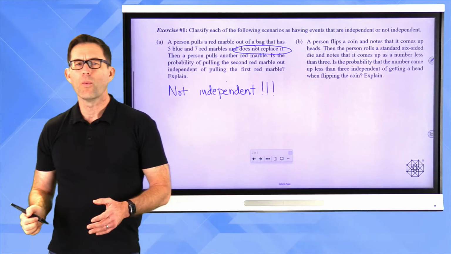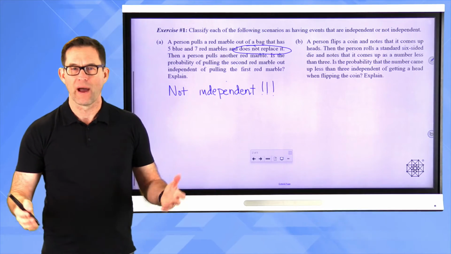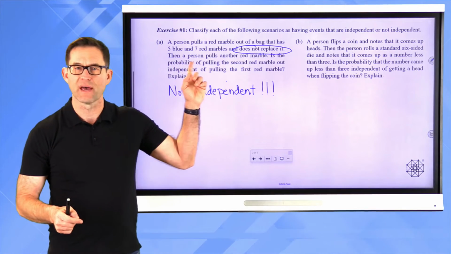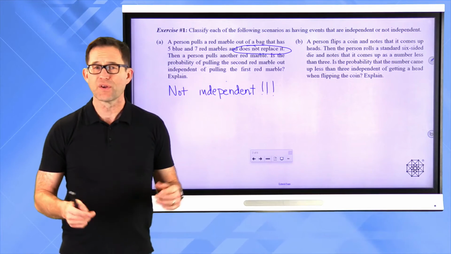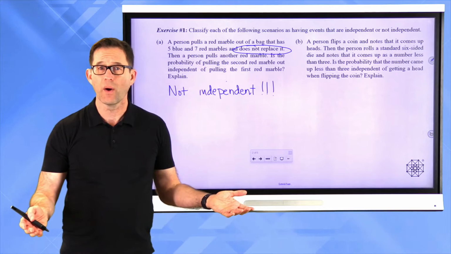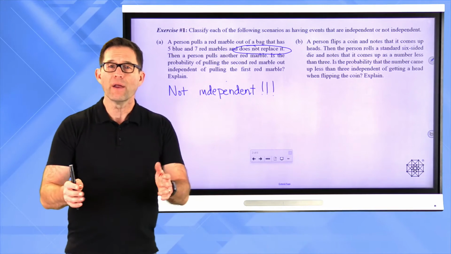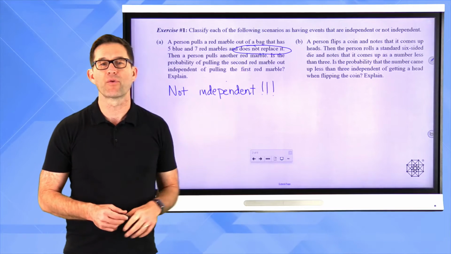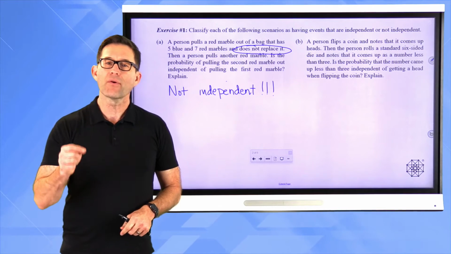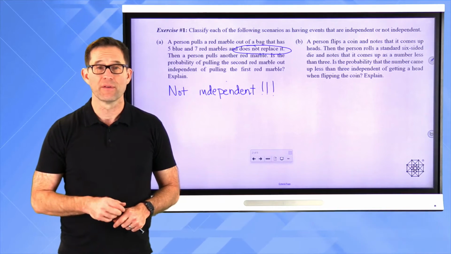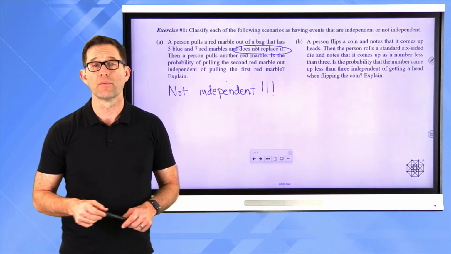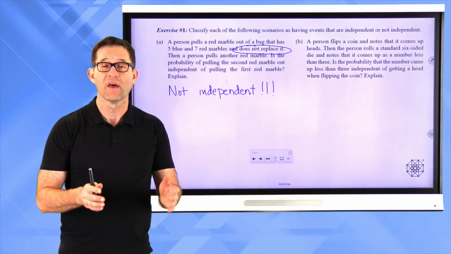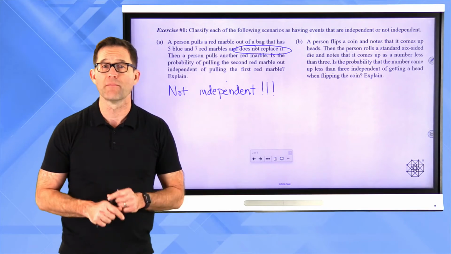When I pull that first red marble out, the probability of pulling it out is, well, there are 7 red marbles out of 12, so the probability is 7/12. But when I pull out the second red marble, because I haven't put the first red marble back, now there are only 6 red marbles left. There's only 11 total marbles left. And so the probability is now 6/11 that I'll pull the second red marble out.